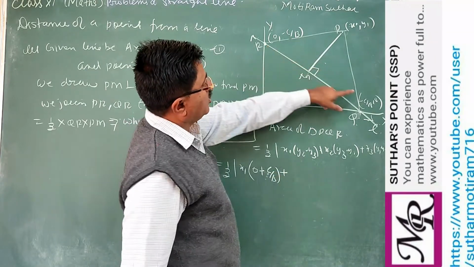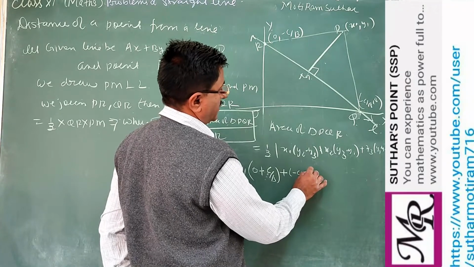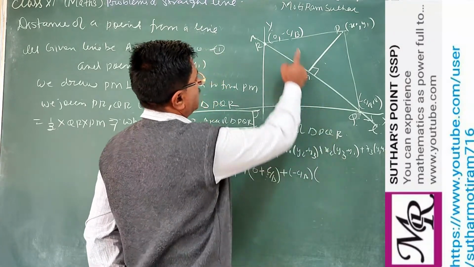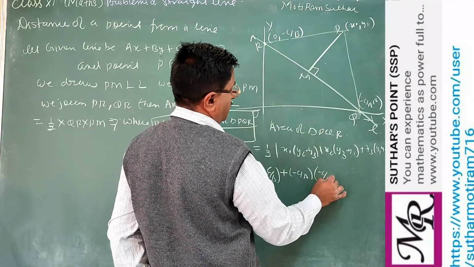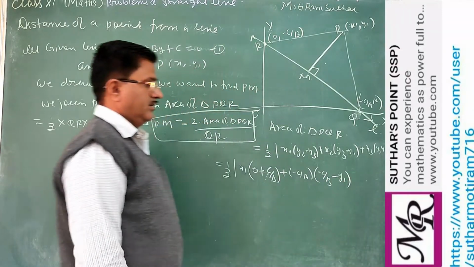Then plus x2, that is minus c upon a, into y3 minus c upon b minus y1, that is again y1.